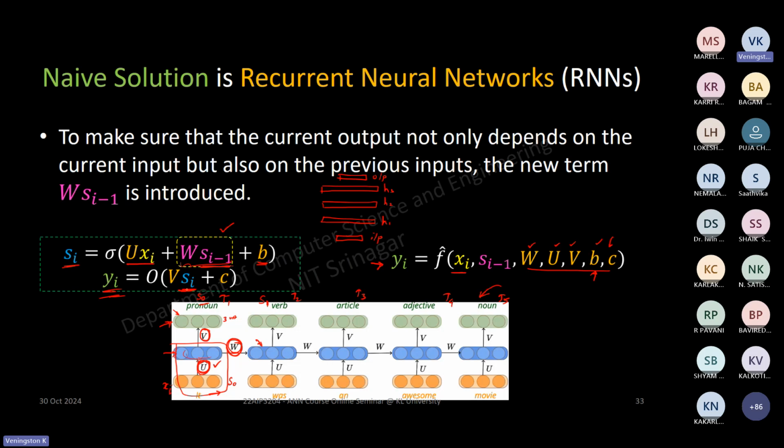That's why yi just depends on si, whereas si depends on si minus one, plus the C. C is the number of classes, or number of neuron units we have in the output layer. In case we are solving, let's say, a three-class classification problem, C will be three, which means we have three units. So appropriately, we can also find out the dimension of various weight matrices used in the RNN setting.